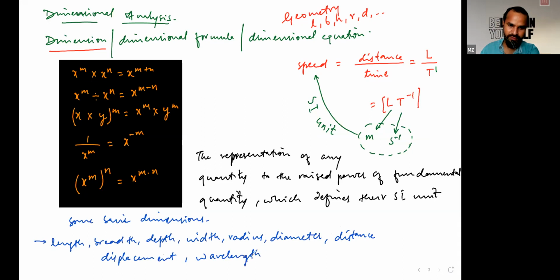This whole group defines the measurement of length, so we can express it as capital L.